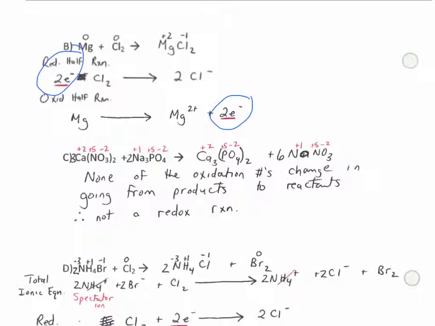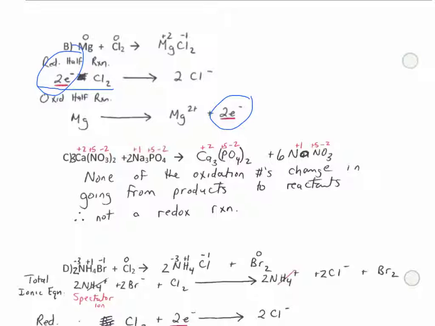The number of electrons lost has to be equal to the number of electrons gained, because electrons can't just come out of nowhere. They have to come from somewhere and they have to go somewhere. And the final thing in looking at these 2 half reactions is that for a reduction half reaction, you'll always see the electrons on the reactant side, because electrons are being gained in a reduction process.